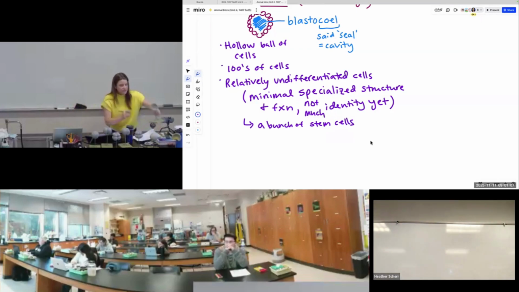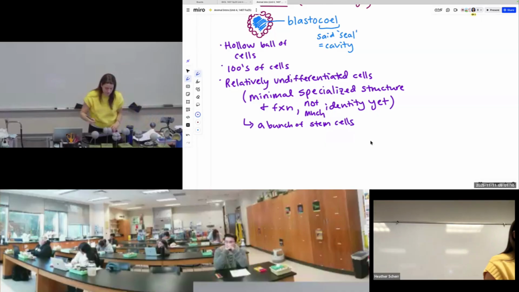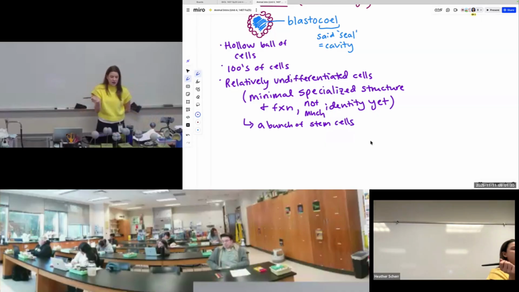The blastocoel is this blastocoel. It's inside, fluid filled inside. And if anybody wants to take a picture or a series of these and throw it on the board, feel free to do that.